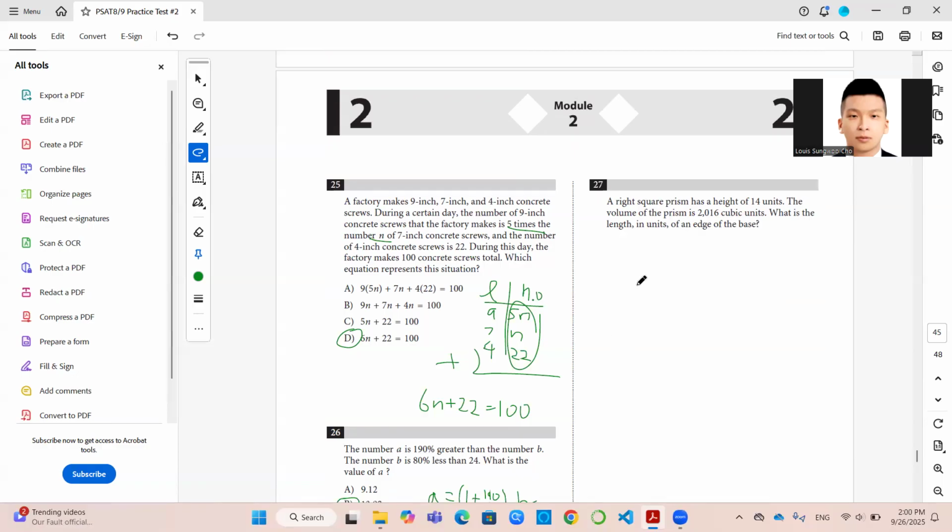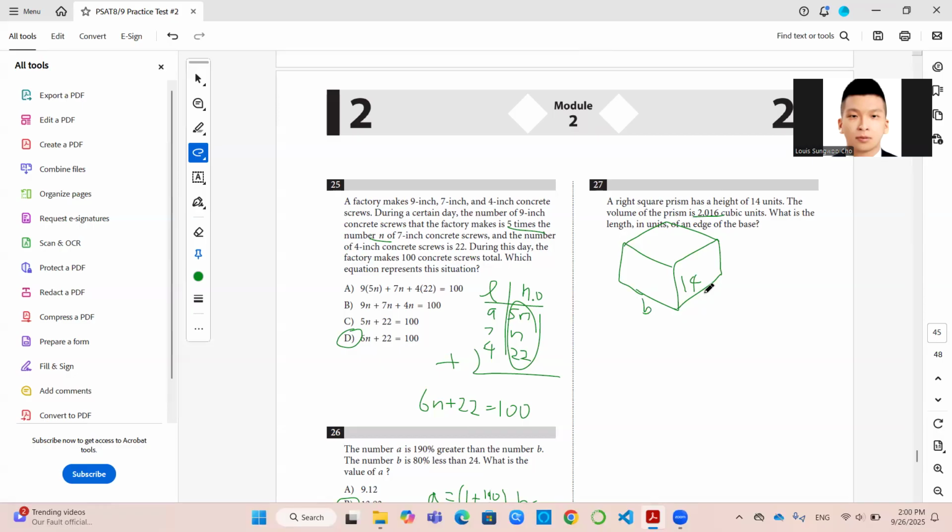A right square prism. So talking about this guy. Has a height of 14 units. The volume of the prism is 2016 cubic meters. What is the length in units of the edge of the base?